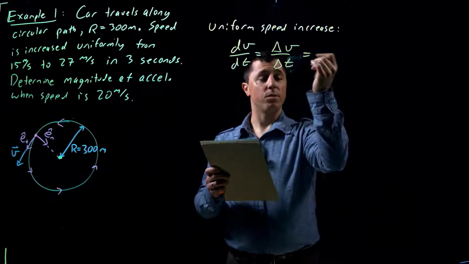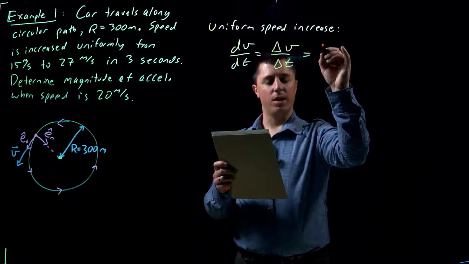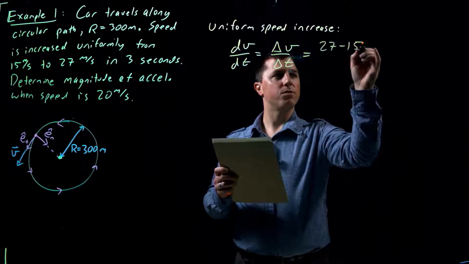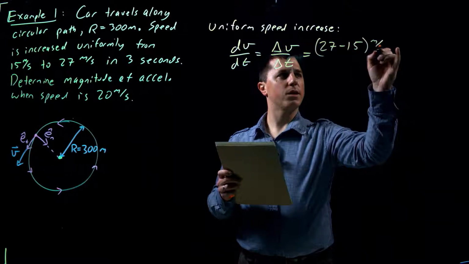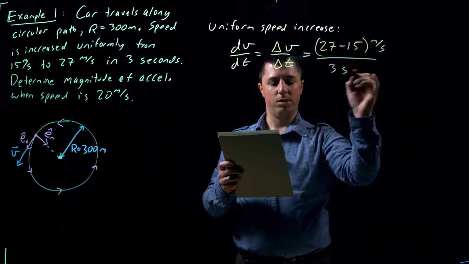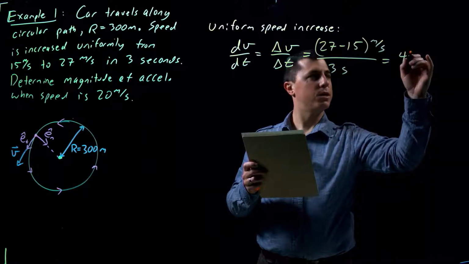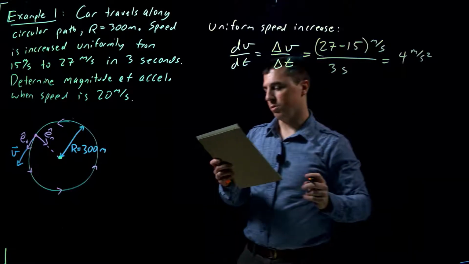The actual difference in velocity is 27 minus 15 meters per second over 3 seconds. So we have a constant dv/dt of 4 meters per second squared.